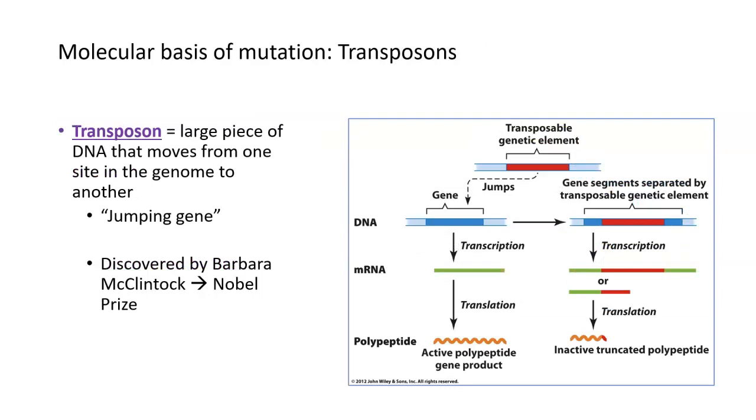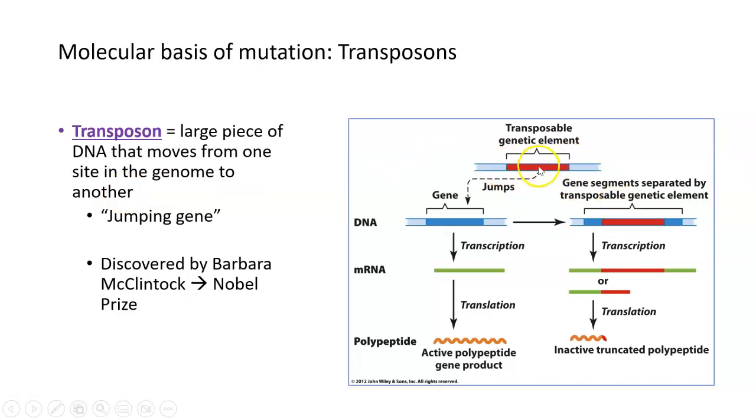One other type of mutation that is not just one single base pair, but rather a large piece of DNA that is changing, is known as a transposon. Transposons are large pieces of DNA that move from one site in the genome to a different place, and these are sometimes referred to as jumping genes.